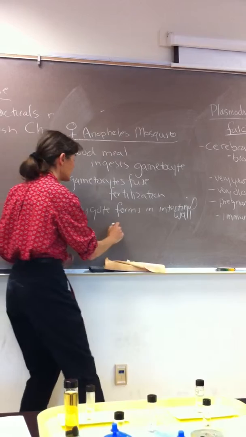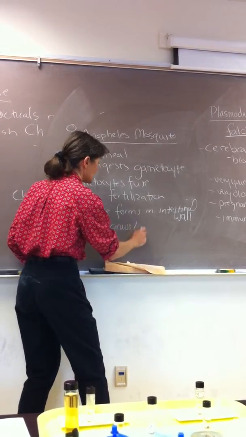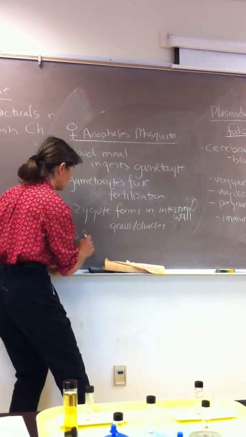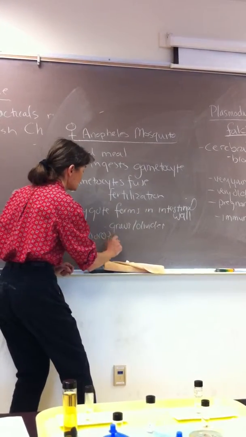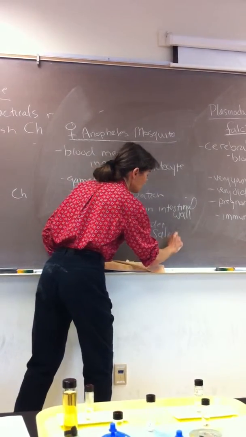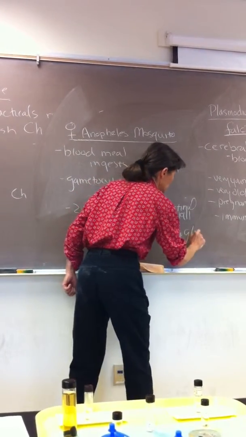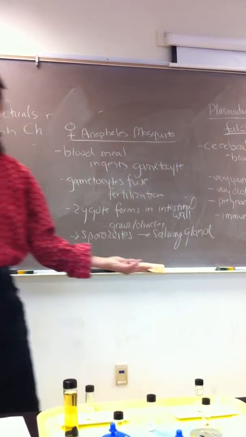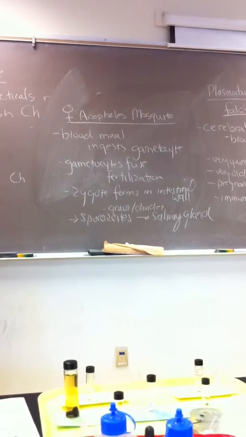It will produce sporozoites, and the sporozoites then migrate to the salivary gland of the mosquito. So they'll be in perfect position for the next blood meal the mosquito takes. They'll be injected into another human.